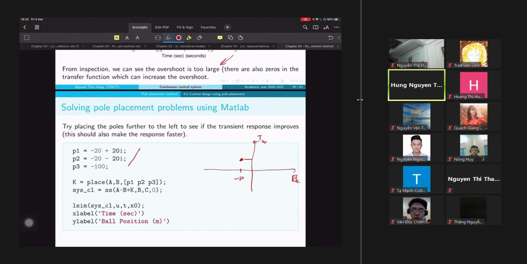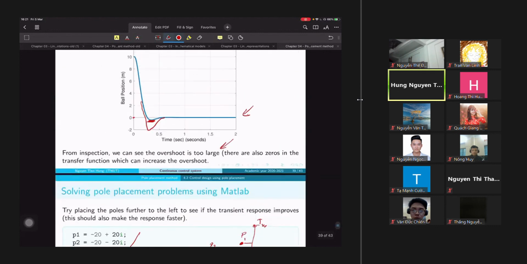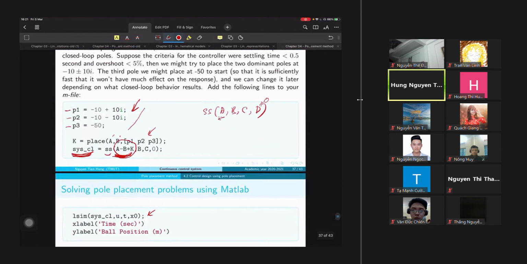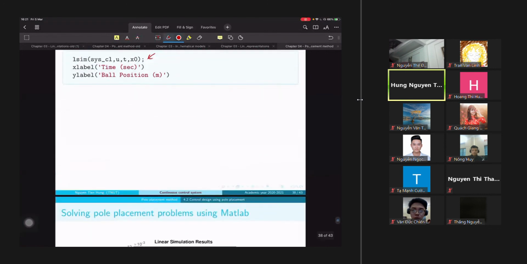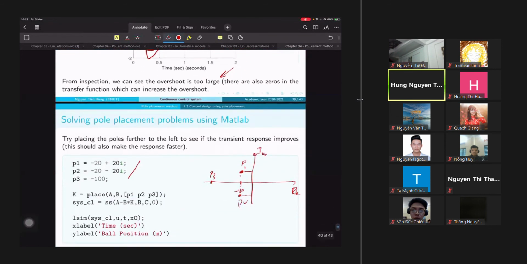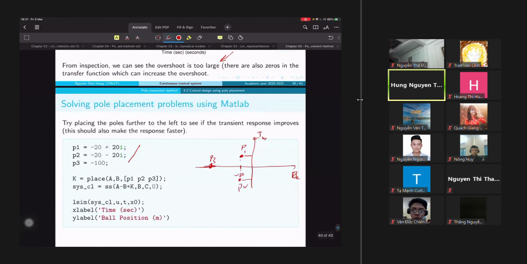So we have P1 and P2 here, and also P3 here in the first try. The poles are -10 plus or minus 10j, and -50. So we have 3 poles: the real part is 10, the imaginary part is also 10, and one has no imaginary part, meaning that it lies on the real axis.